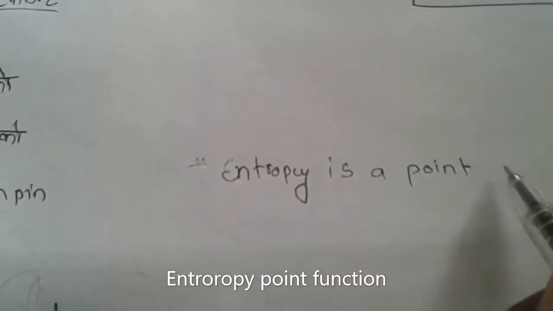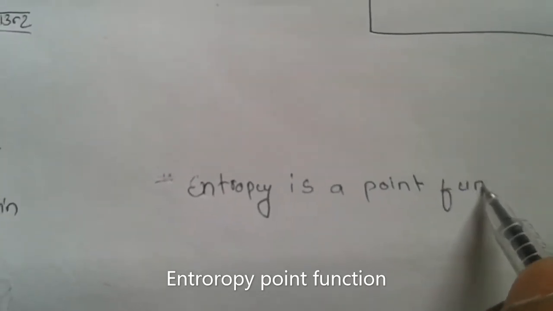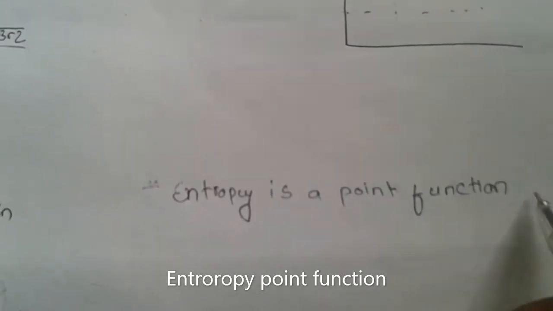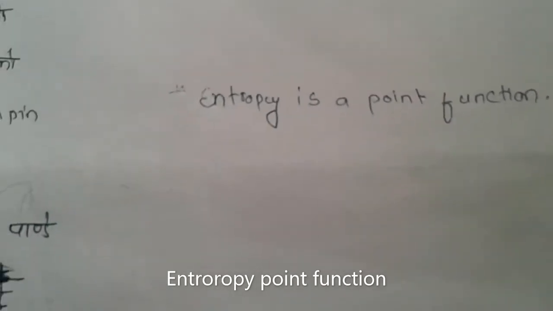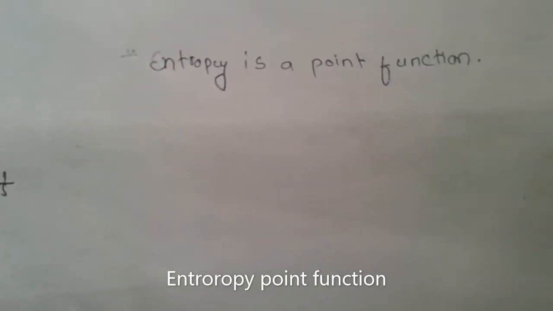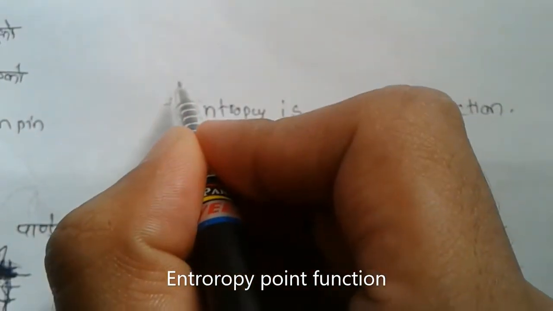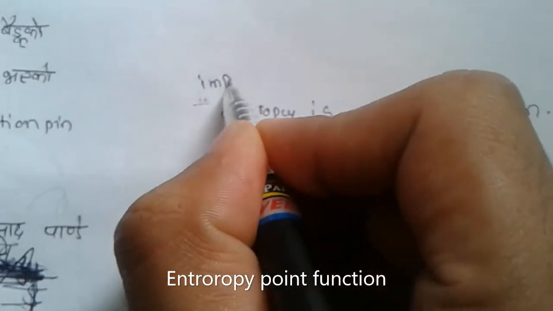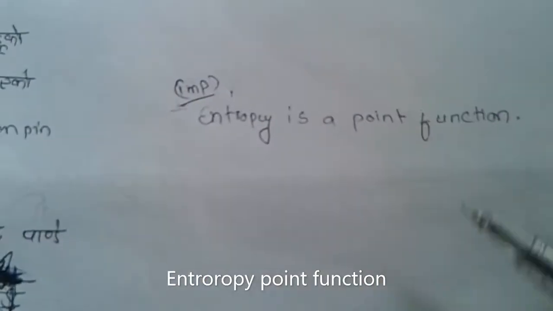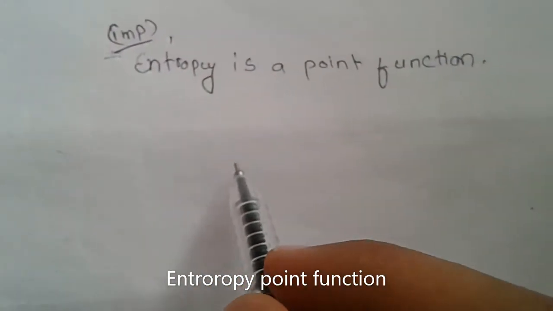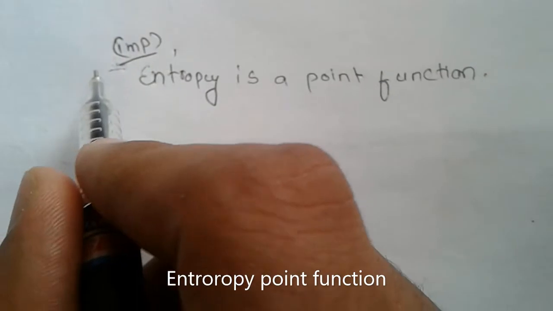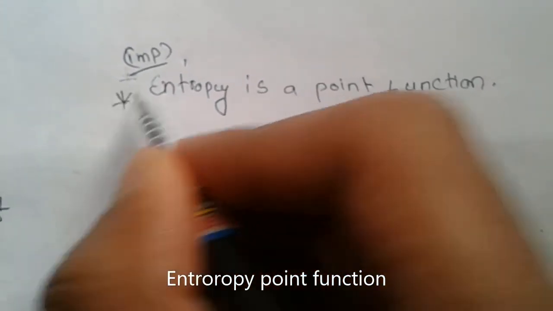You may know entropy is a point function, but have you ever tried to solve it or prove it? If not, I will solve it. It is one of the important questions, and we have to know this.